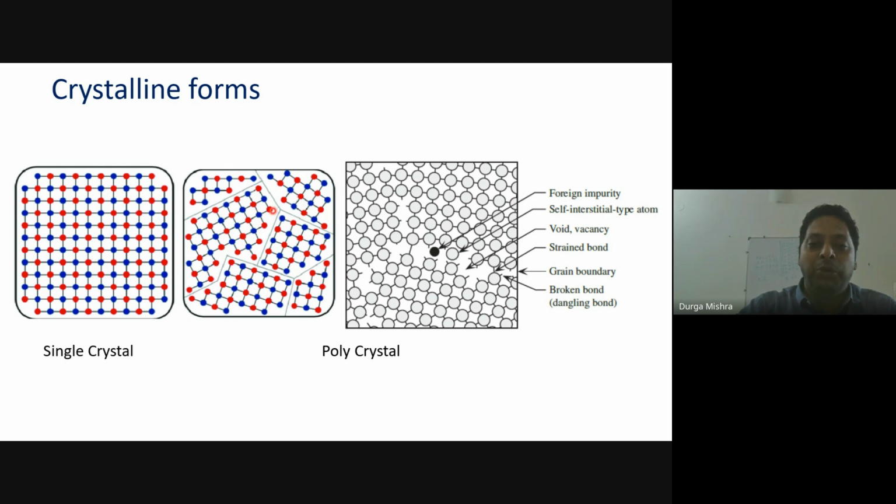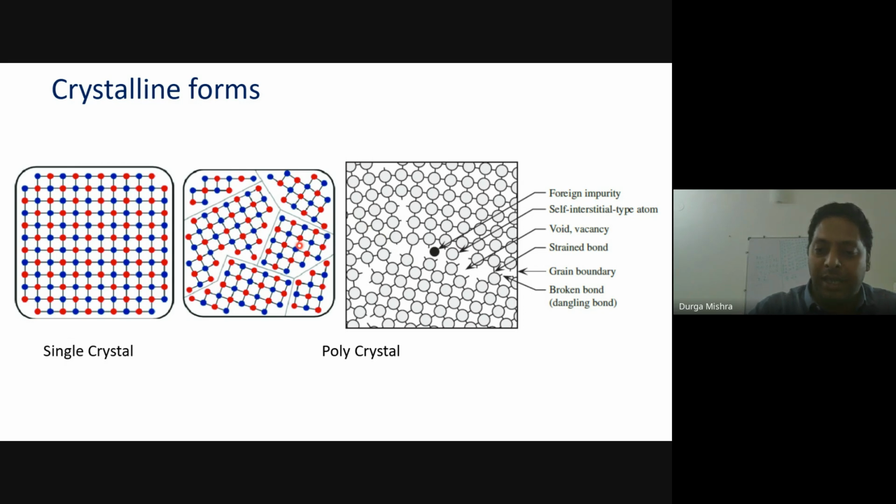Now the boundary that separates these crystals is called a grain boundary. Within one boundary, you call that a grain, and two grains are separated by what you call a grain boundary.